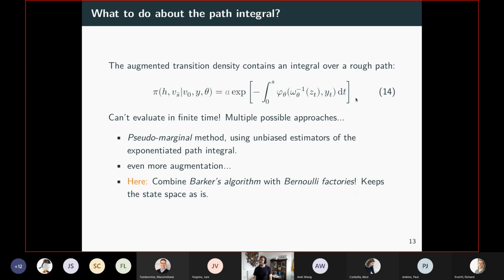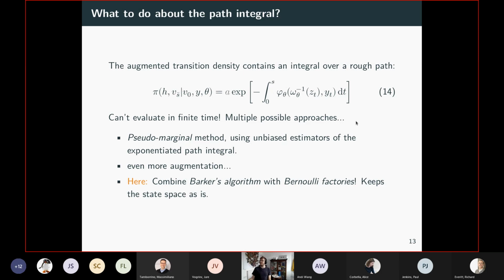There are multiple approaches to addressing that, for example, the pseudo-marginal method, where we would apply some unbiased estimator of the exponentiated path integral. The exponent really is the main problem here. You could easily have an unbiased estimator just over the path integral, but estimating the exponential of the path integral is harder.